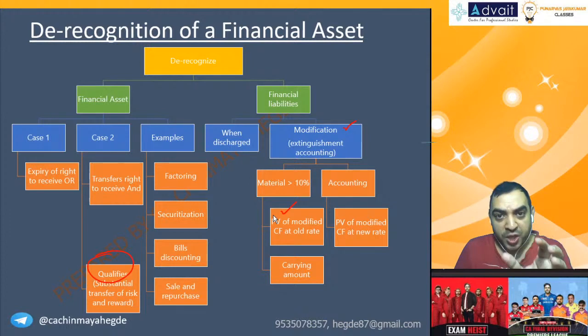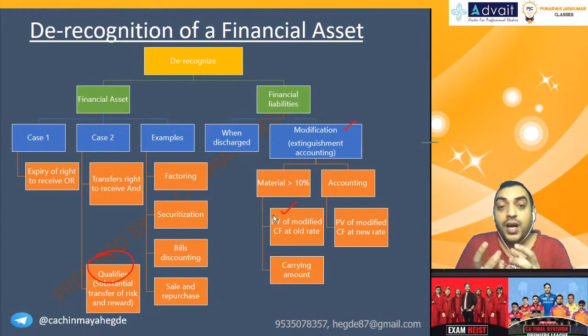What new value? It will be the modified cash flow and the new rate. When you consider modified cash flow but the old rate, it is only for the purpose of assessing materiality. Whereas if you go for extinguishment accounting, you have to account for the new amount, which is the new cash flow as well as the new discounting rate.